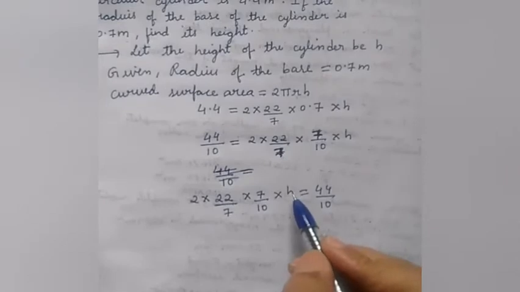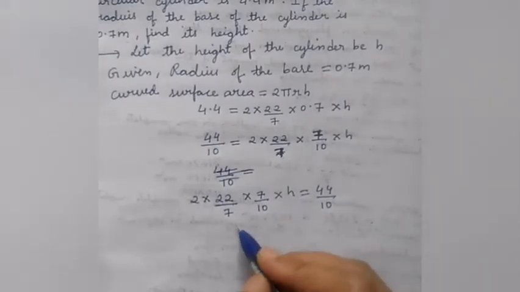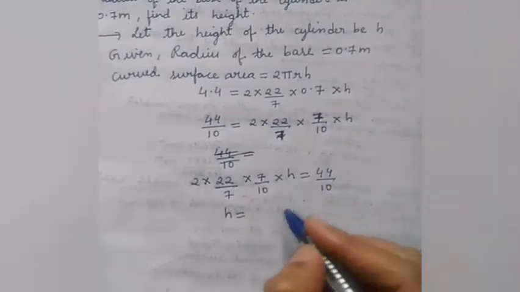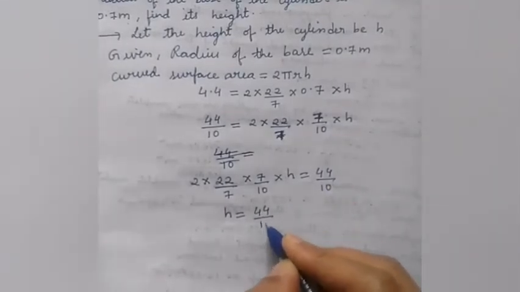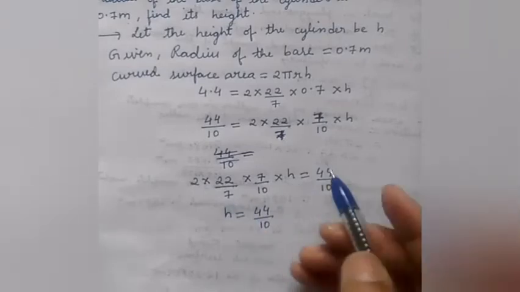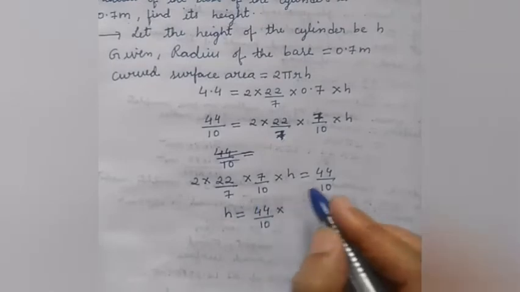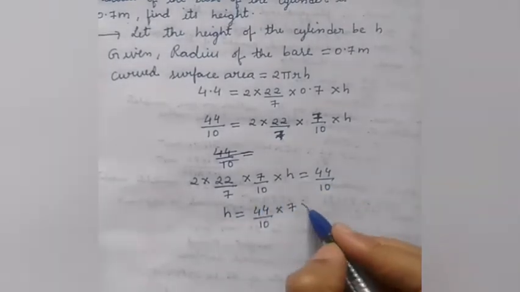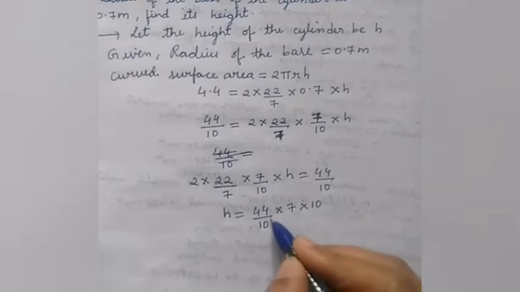Now we want h on the left hand side. We'll keep h as it is. Rest all the values we'll take to the other side. 44 divided by 10 as it is. Since 7 is a division, if we take it to the other side, it becomes multiplication. 10 also is division, so it becomes multiplication.